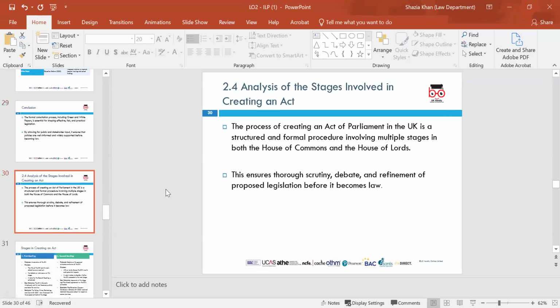The next one is 2.4, analysis of the stages involved in the creating a process. So each year Parliament opens a new session, and there's no fixed length for a parliamentary session.